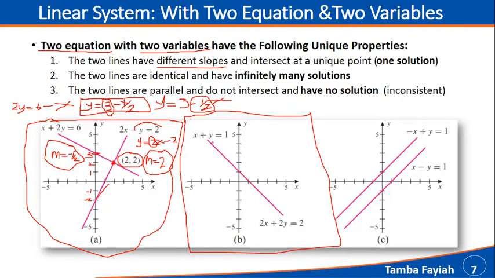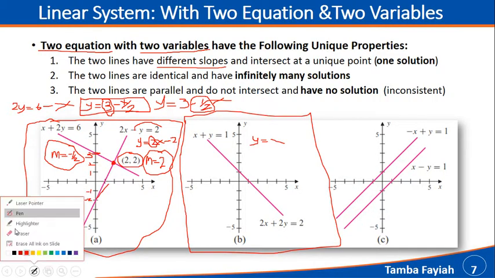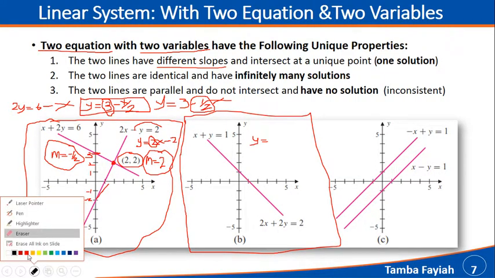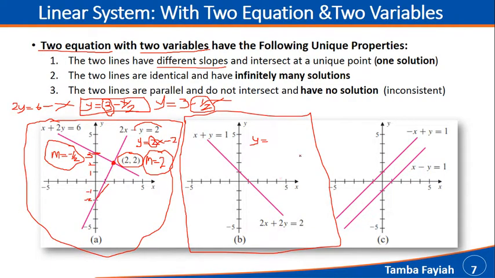Here we can see this first line. If we make y the subject, we have y equals 1 minus x. So the slope m is equal to minus 1.